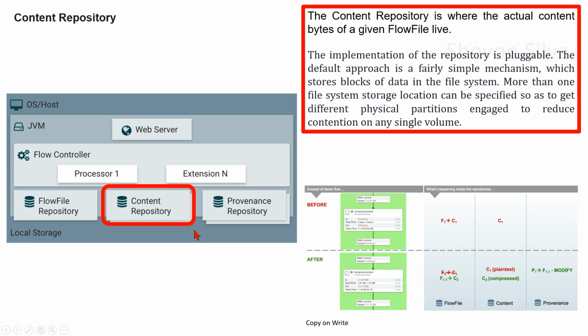The implementation of the repository is pluggable. The default approach is a fairly simple mechanism which stores blocks of data in the file system. More than one file system storage location can be specified so as to get different physical partitions engaged to reduce contention on any single volume.